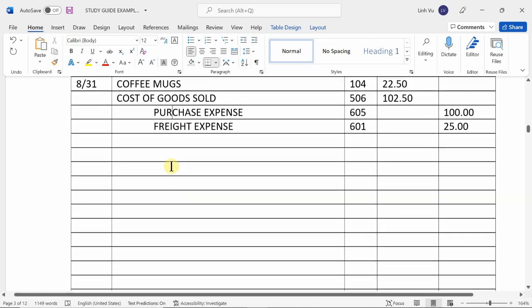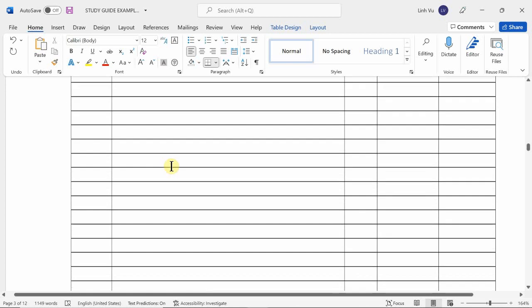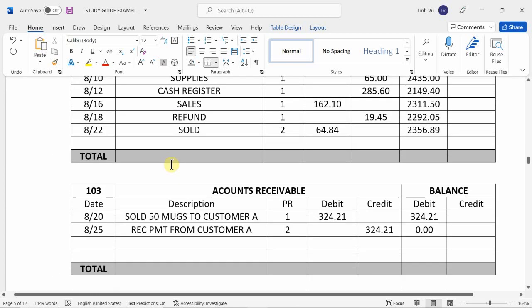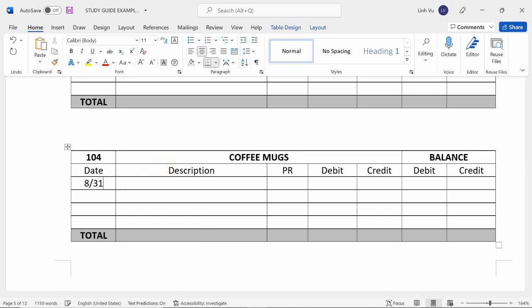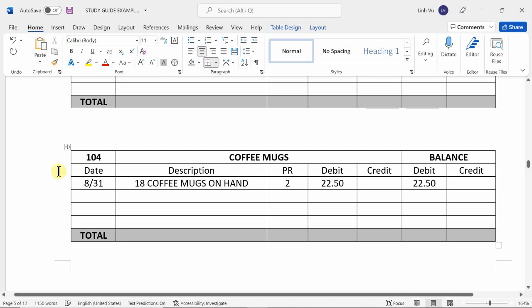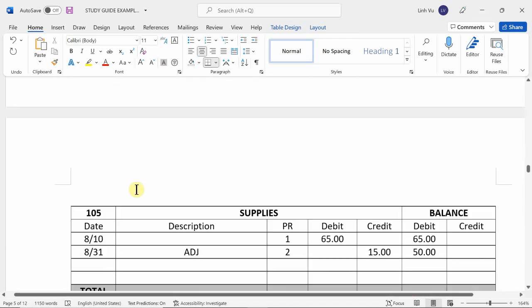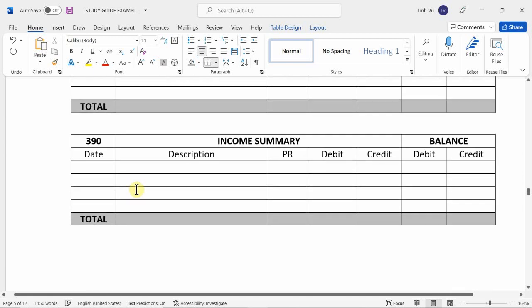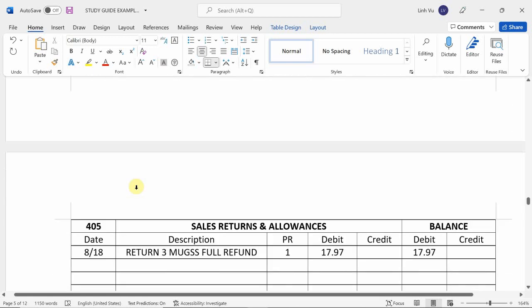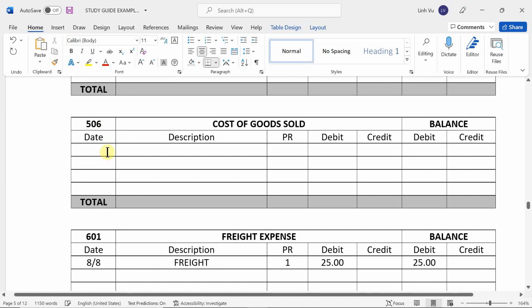So let's go ahead and enter those values into my ledger. Now I do have coffee mugs, right? How many coffee mugs do I have on hand? I have 18 coffee mugs on hand, for $22.50. And I have my cost of goods sold. So business, equity, income, sales, sales returns, cost of goods sold right here.